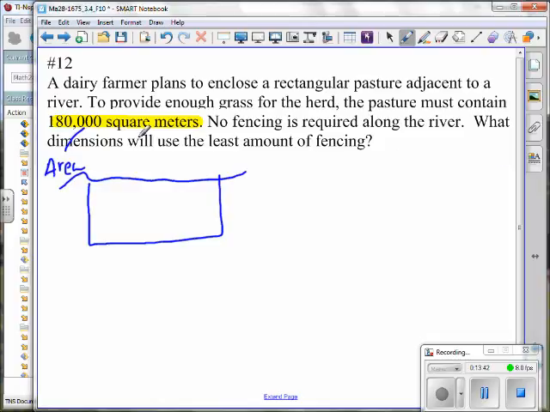Okay, what dimensions will use the least amount of fencing? Let me ask this first of all. Can you reword that question in another way to use the words maximum or minimum?